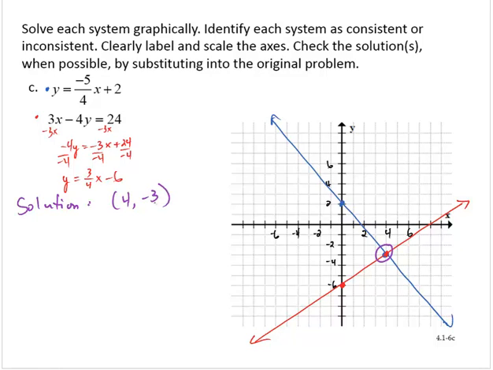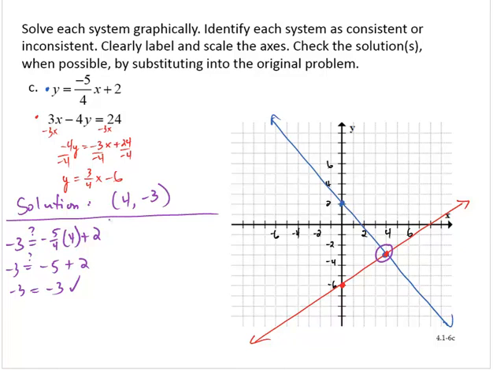Let's check the solution by substituting into the original problem. So, into the first equation, is negative 3 equal to negative 5/4 of 4 plus 2? We have the negative 3 on the left. Negative 5/4 times 4 is negative 5. Negative 5 plus 2 is negative 3. So that checks out.